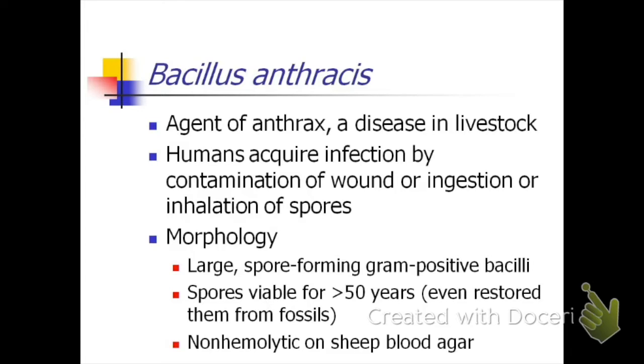So take note that there are 3 possible ways by which you can get the spores of Bacillus anthracis. It's a large spore-forming gram-positive bacillus. This is one of the reasons why it's very popular among bioterrorists: the spores remain viable even if kept for more than 50 years.